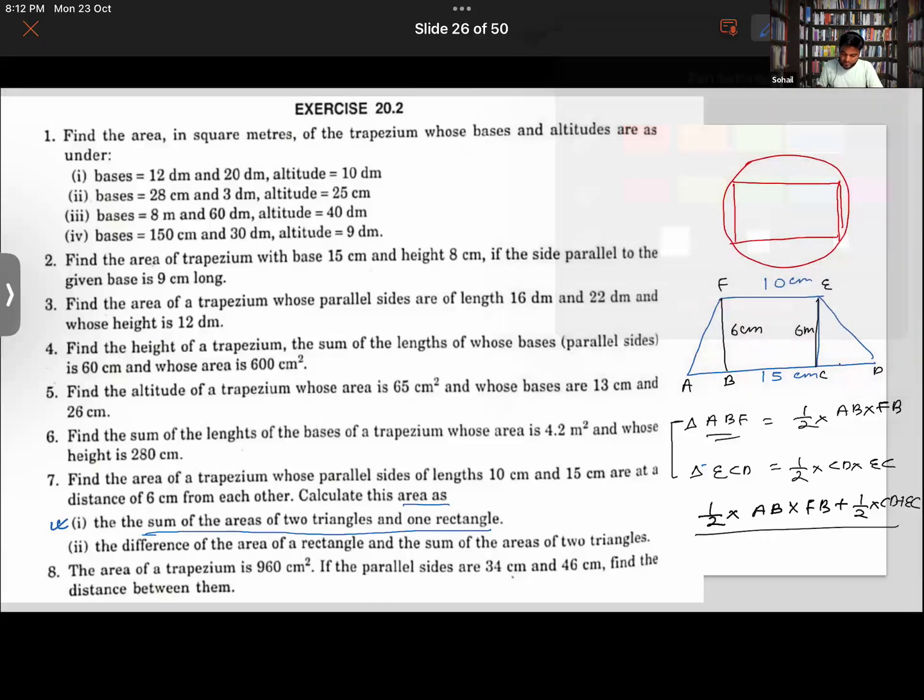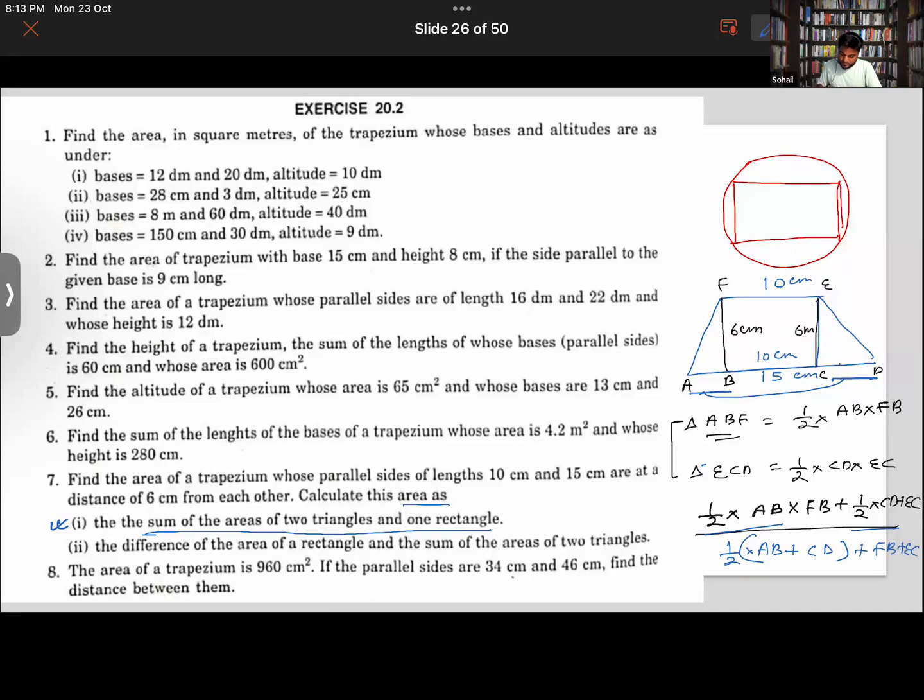Now look, for this thing here, AB and CD together will measure 5 centimeter because BC is going to be 10 centimeter. So I will be taking half times AB and half times CD common. Let's take it separate here: half into AB plus CD, then it will be FB plus EC.